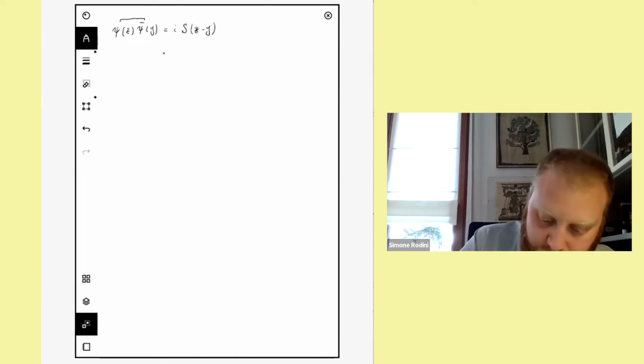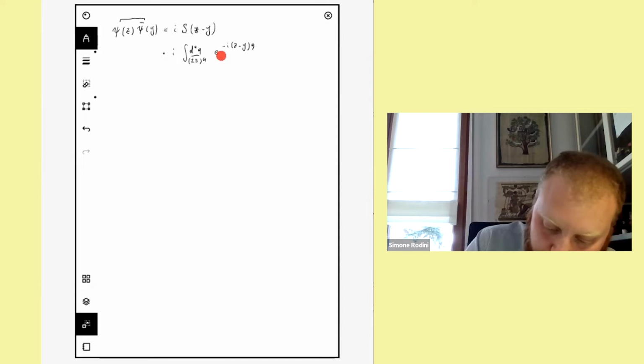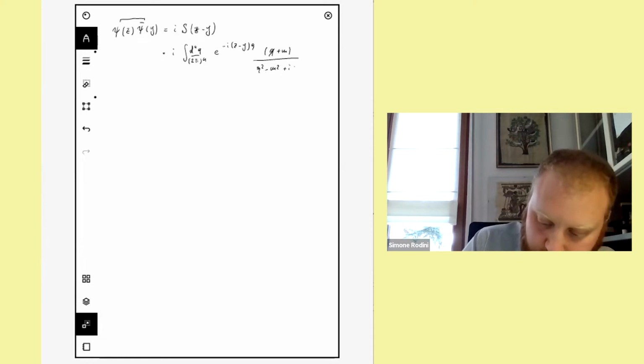And you have a representation in momentum space that looks like ∫ d⁴q/(2π)⁴ e^{-iq(z-y)} (q-slash + m)/(q² - m² + iε). This should be rather standard, just for reference.